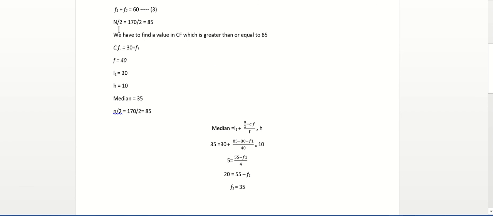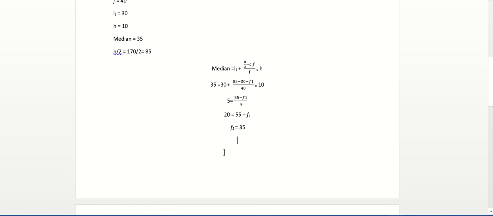Now we can put this value in any of the equations. We can put this value, for example, in equation 3. Putting the value of F1 equals to 35 in equation 3, right?